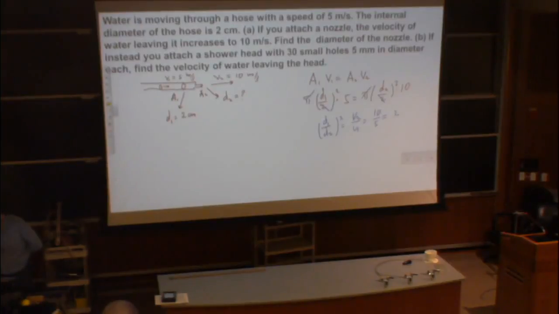So now we're going to take a square root of that and solve it for the second diameter. It's actually 2 centimeters divided by square root of 2, 2 over square root of 2, square root of 2. So about 1.4 centimeters.